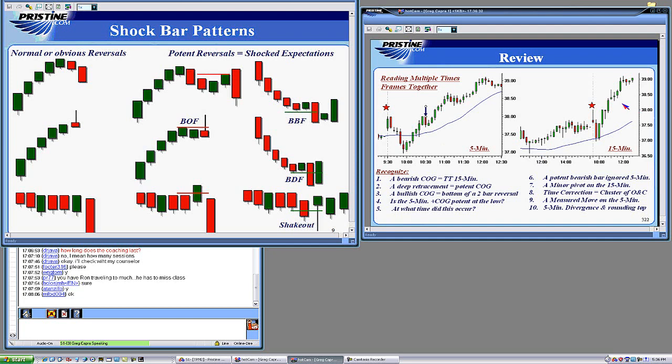Minor pivot on the 15, right there. That little correction bar. Then is a little consolidation, which is that clustering of opens and closes right over here. That's the consolidation on the 5.